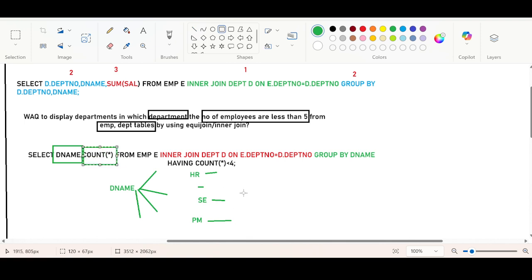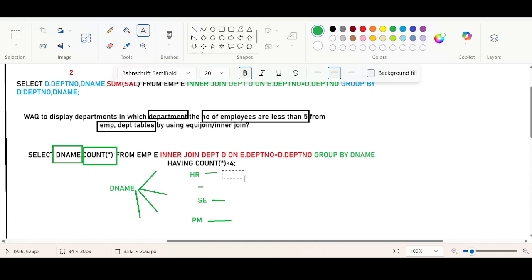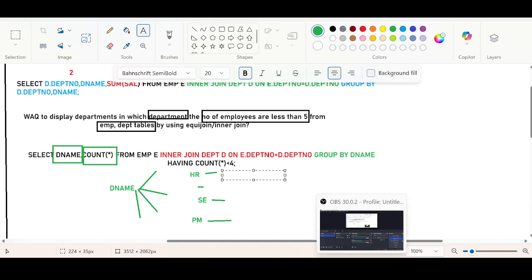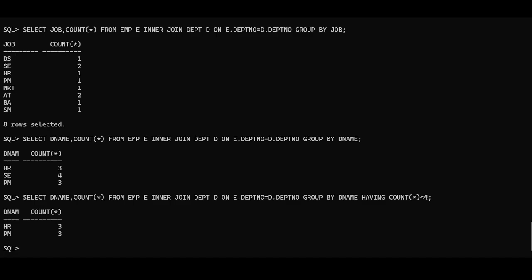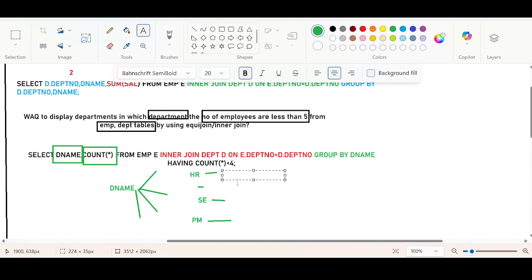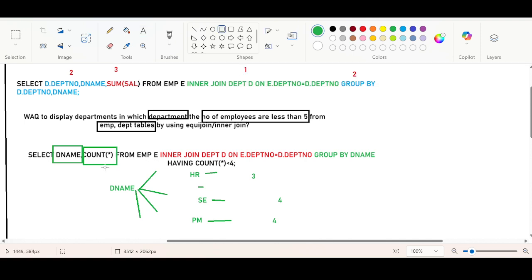You will get the individual count. What is the count that you have got here? The counts are 3, 4, 3. Okay, this is what you're getting as a result.